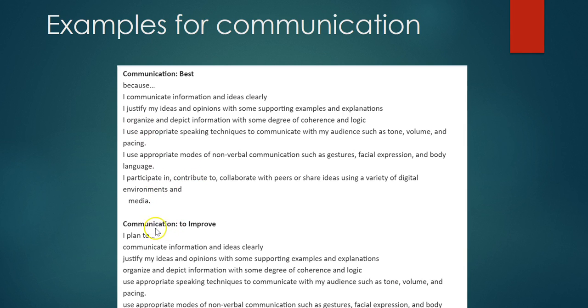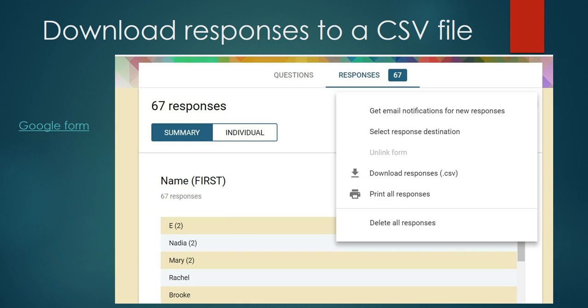Then when you get to communication on why you need to improve, here are some others. So it gives the kids a good brain start for what they need to be doing, but then they can also come up with their own at any time. So what you're going to do is after the students finish this Google form, you're going to export the information.